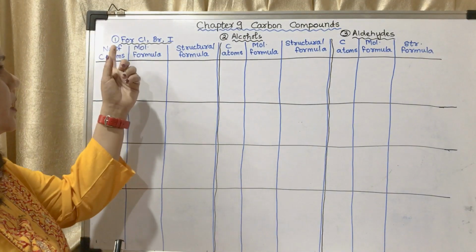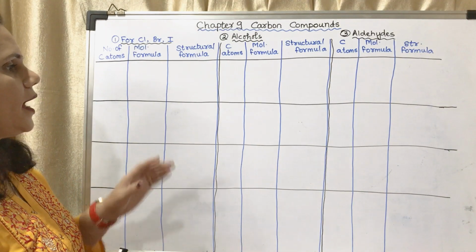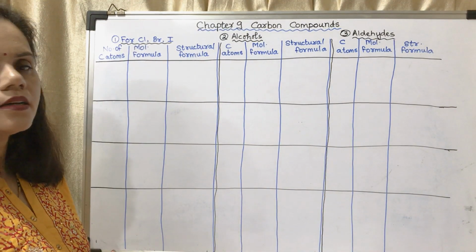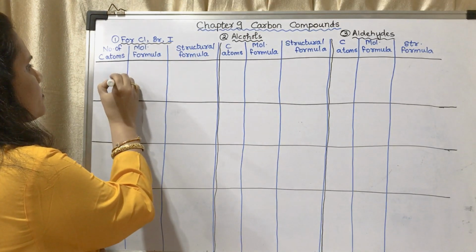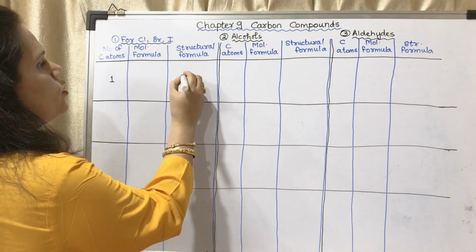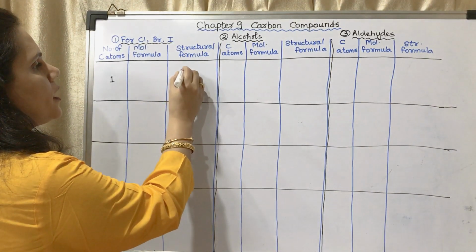The first is whether it is having chlorine, bromine or iodine. I have divided it into 3 parts. The first one is having 1 carbon atom. So you may see it is having 1 carbon atom with 4 lines.